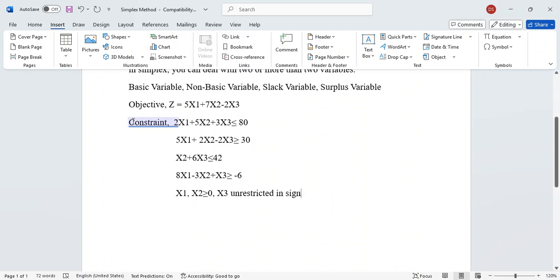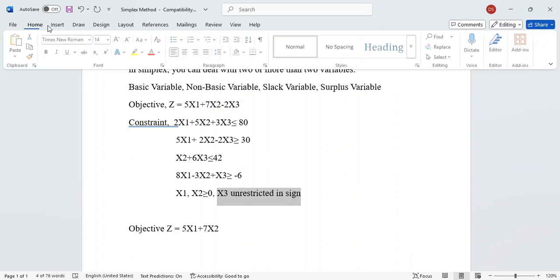The same, I just copy it here and write it in another form. Suppose the objective function Z equal to 5x1 plus 7x2 minus 2x3, and x3 is unrestricted in sign.